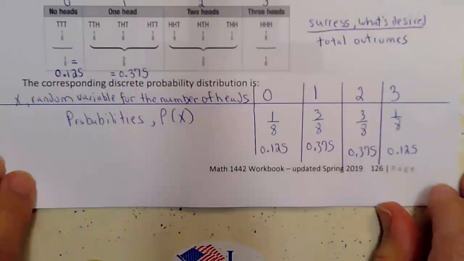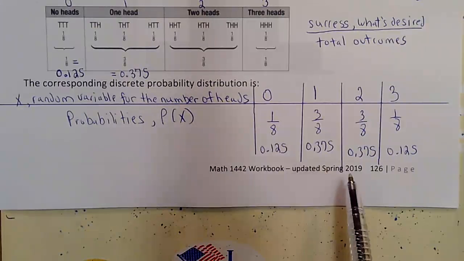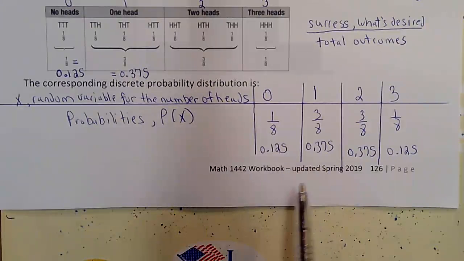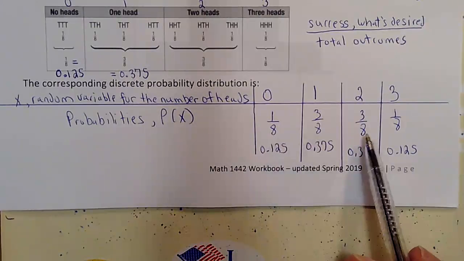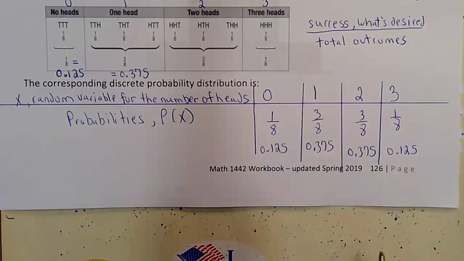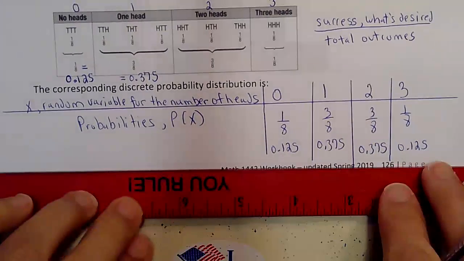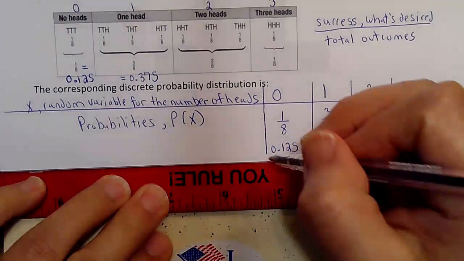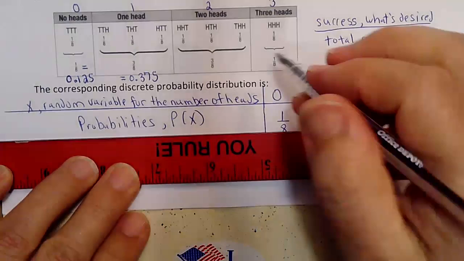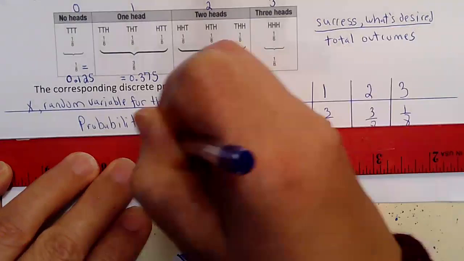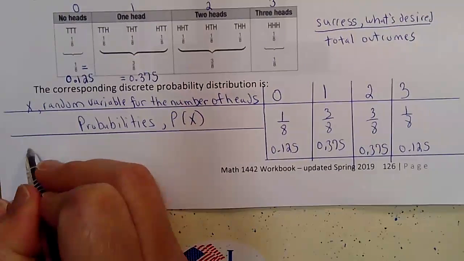And when you create these, to check your work, there are 2 requirements. One of them is that when you add up all the probabilities, it's supposed to equal exactly 1. So if I do a check here, I can do this.